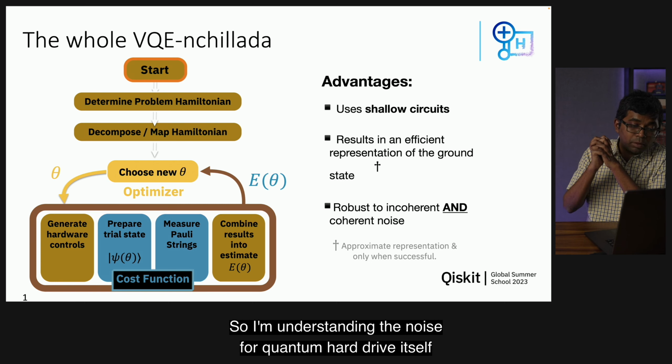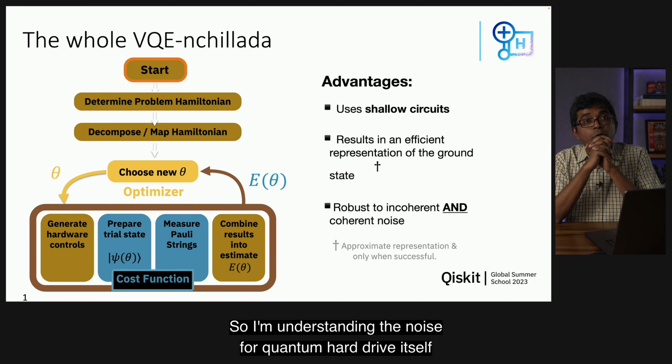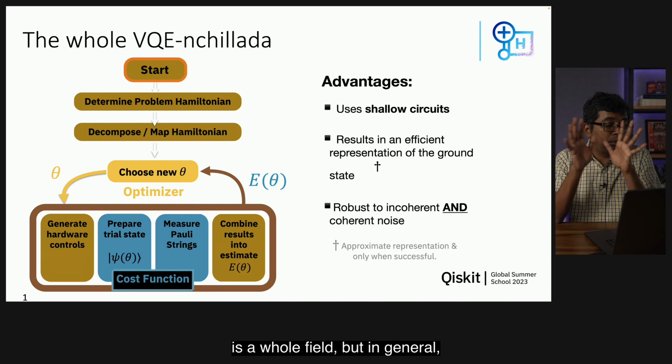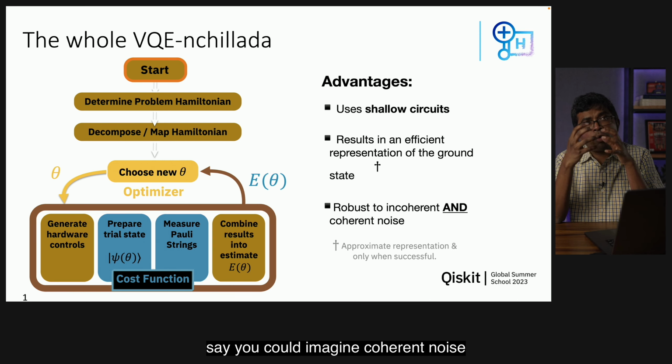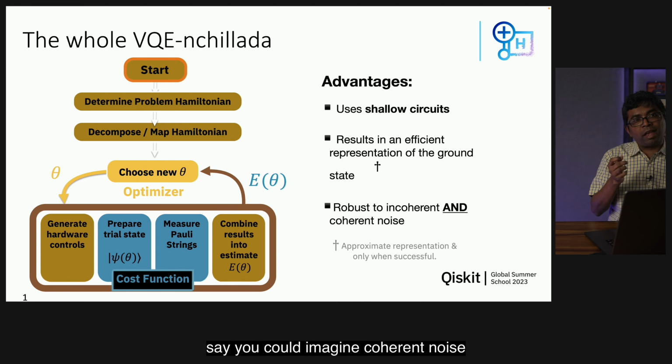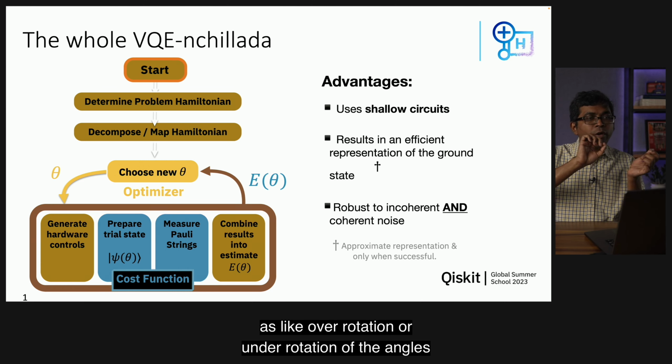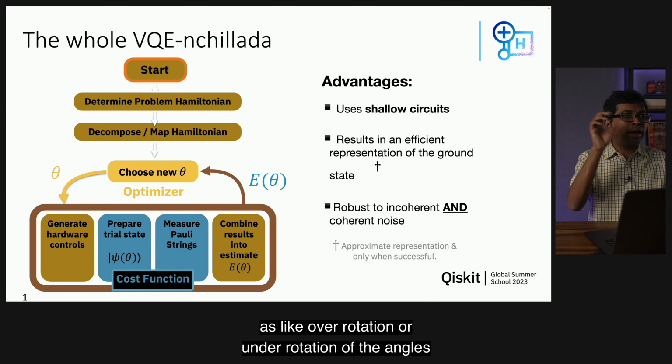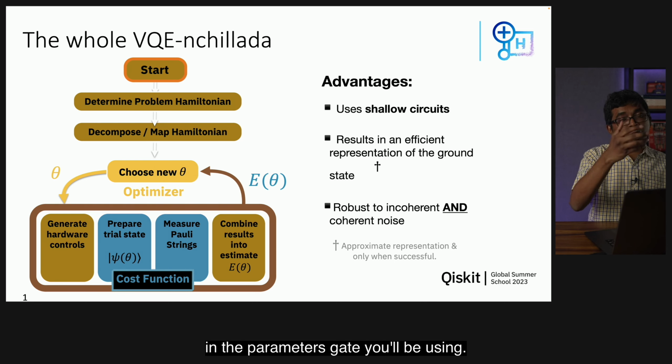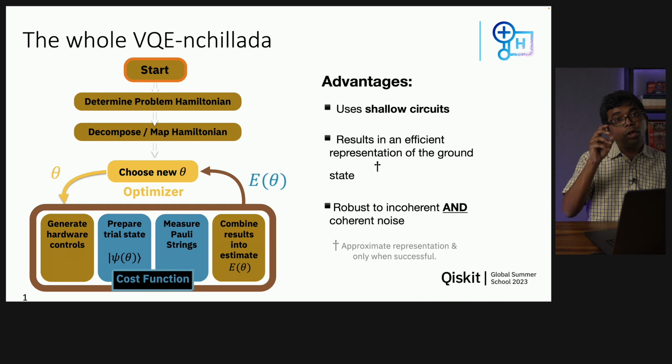Understanding the noise for quantum hardware is a whole field in itself, but in general, you could imagine coherent noise as over rotation or under rotation of the angles in the parametrized gates you will be using.